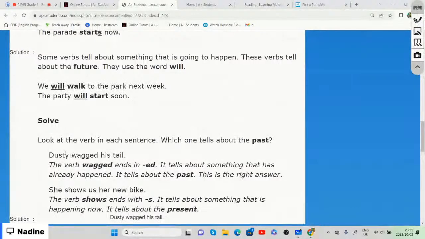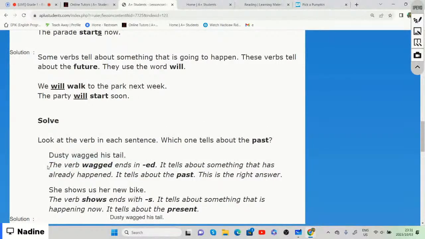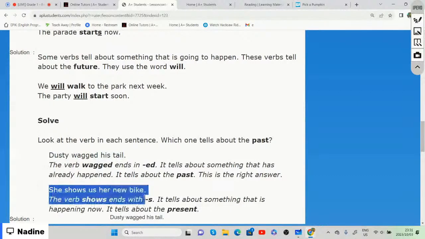Dusty wagged his tail. And she shows us her new bike.